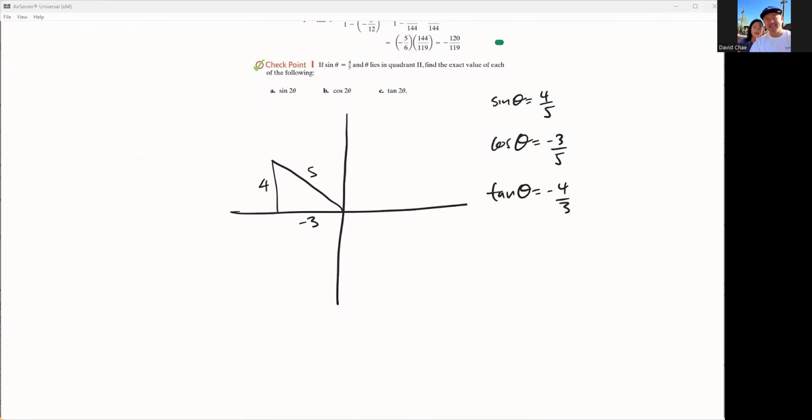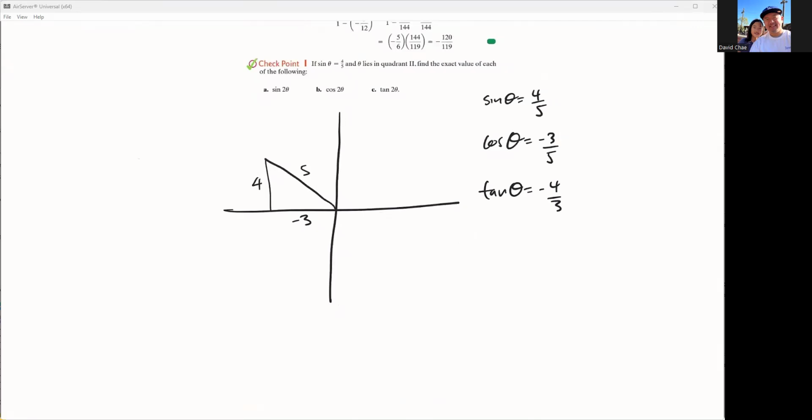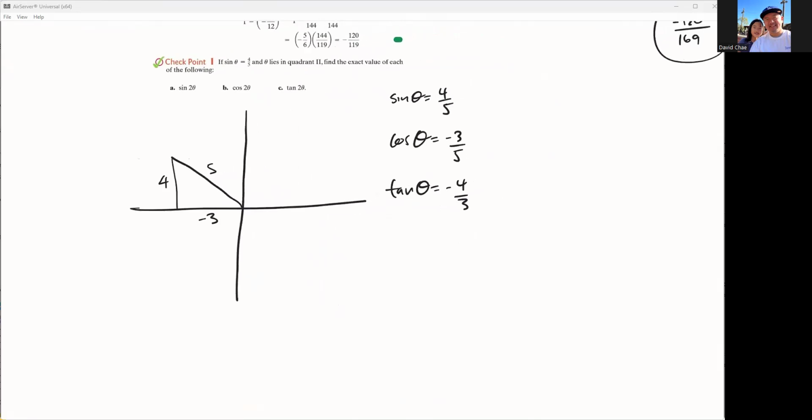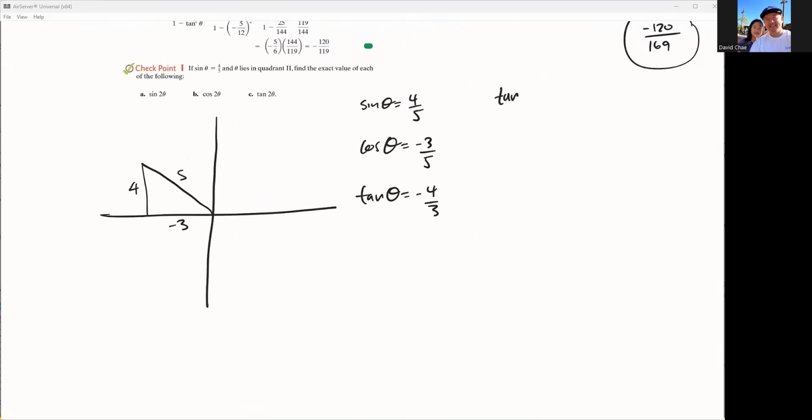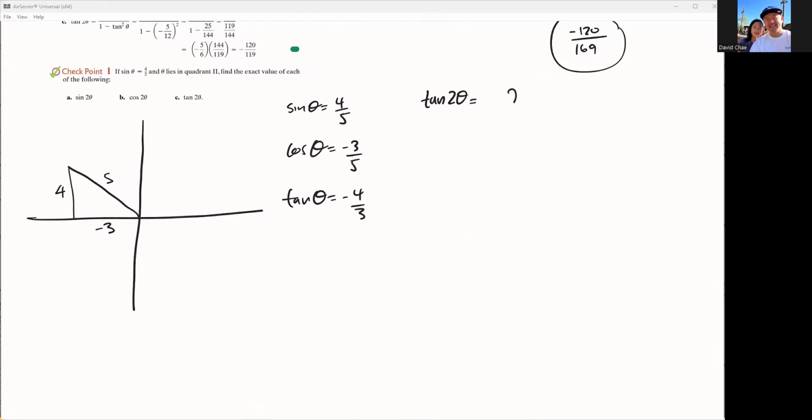So if you form the triangle on the unit circle or the graph, sine theta is 4/5, cosine is -3/5, and tangent is -4/3. Let's do tan 2 theta because we didn't do tan 2 theta in the previous problem. So tan 2 theta is equal to 2 tan theta all over 1 minus tan squared theta.